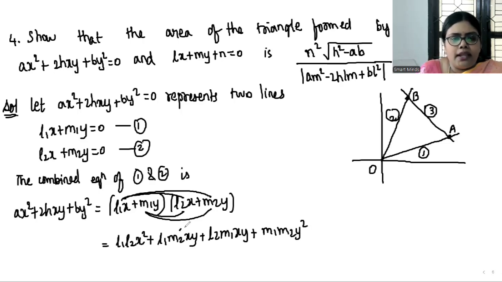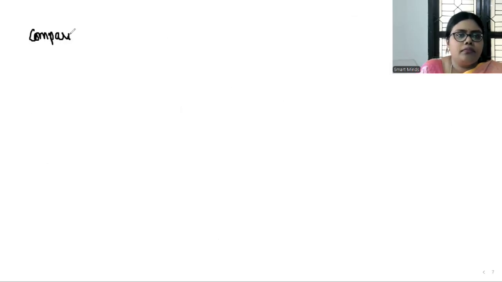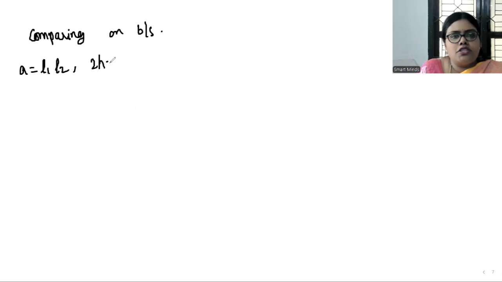Now if we take xy common from these two terms, we will get L1 L2 x square plus (L1 M2 plus L2 M1) xy plus M1 M2 y square. Comparing on both sides, you will get a equals L1 L2, 2h equals L1 M2 plus L2 M1, b equals M1 M2.